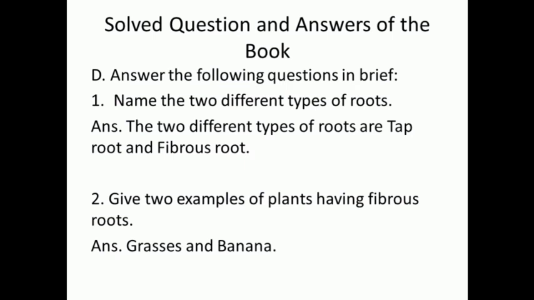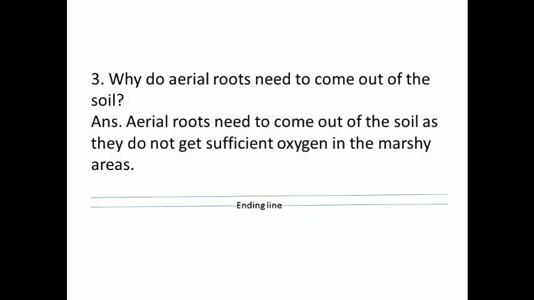So what are the examples? Grasses and banana. You can even write cereals, but just copy down what I have just written. Yes. Now the next question is, why do aerial roots need to come out of the soil? So the answer is, aerial roots need to come out of the soil as they do not get sufficient oxygen in the marshy areas.